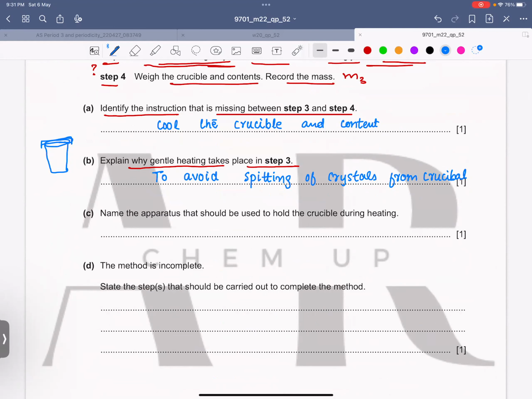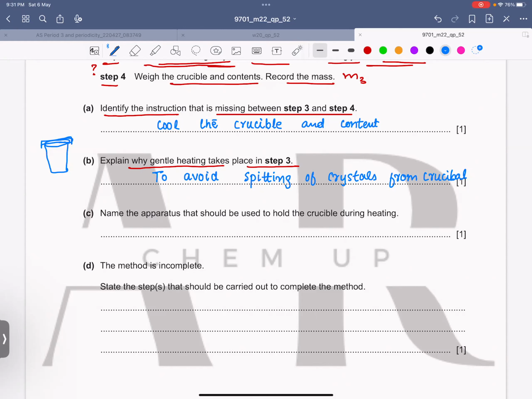We normally use it for strong heating, because glass apparatus is not useful for that; it can easily be broken on strong heating.